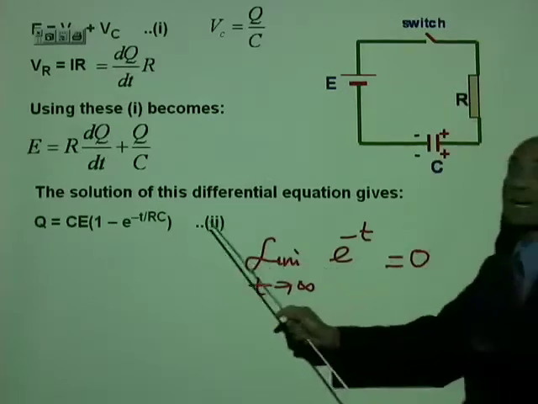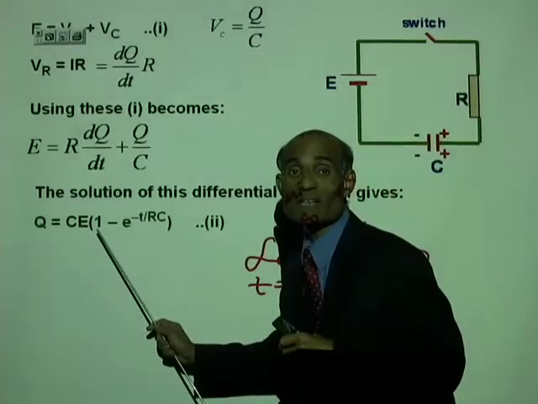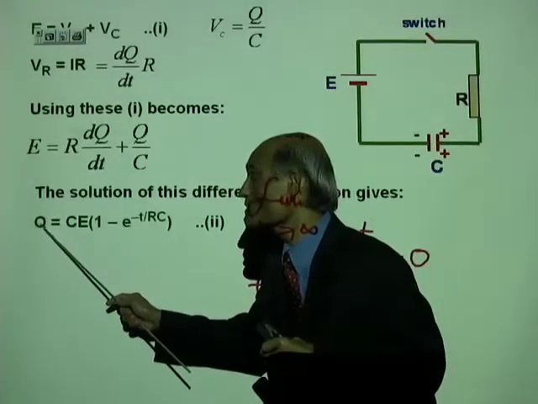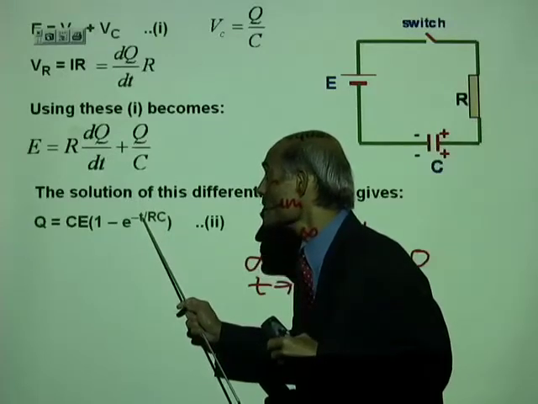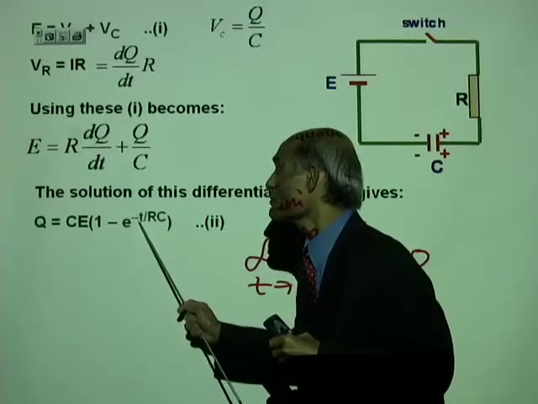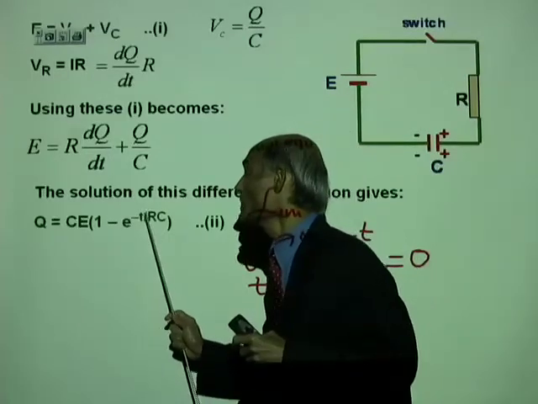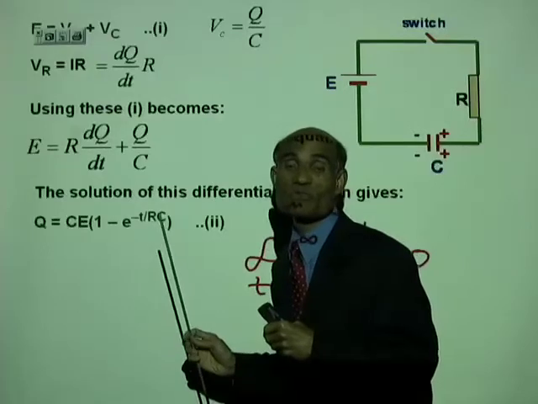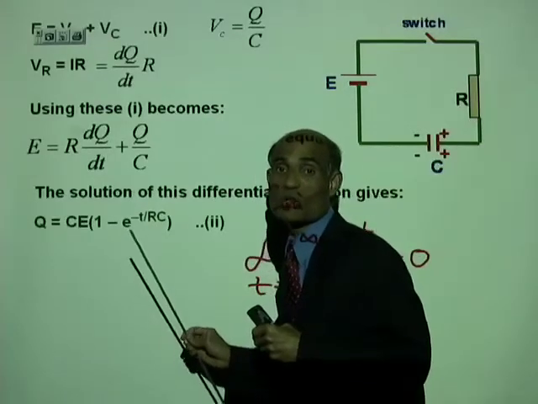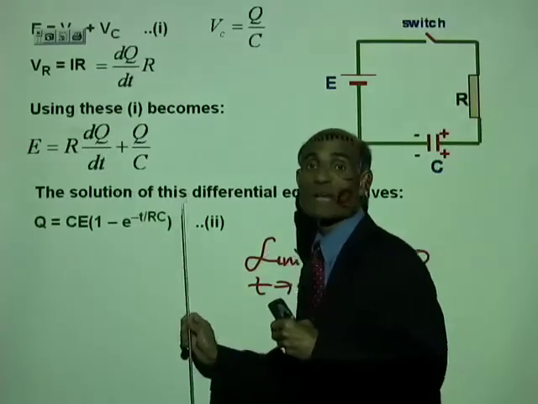So if you look at this equation, it gives you exactly what happens to the quantity of charge. When t equal to 0, what is the value of Q? Let me see if your understanding of algebra will let you do this.